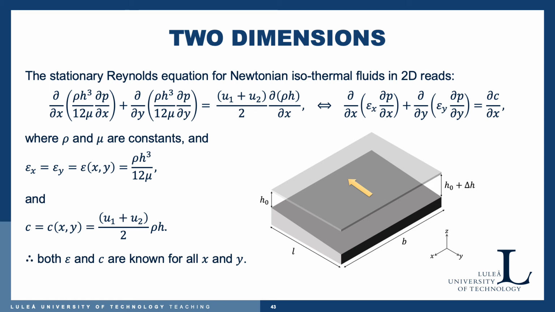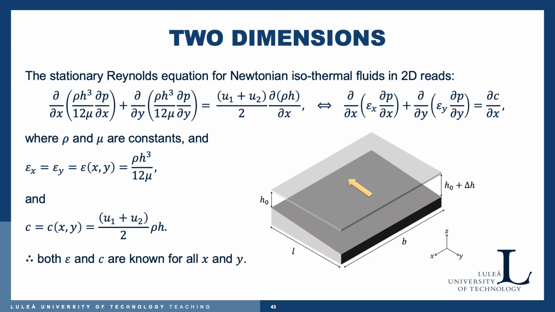We are still confining our problem to having a relative motion between the surfaces in one direction only. The rest of what you see here on the slide is things you know, and since we consider the Newtonian isothermal fluid, rho and mu are constants, so we know epsilon x and epsilon y and c for all x and y values.